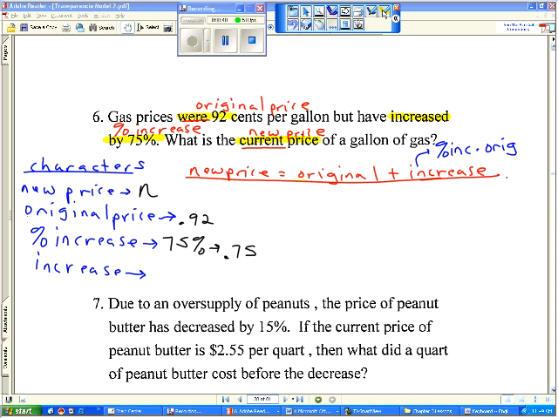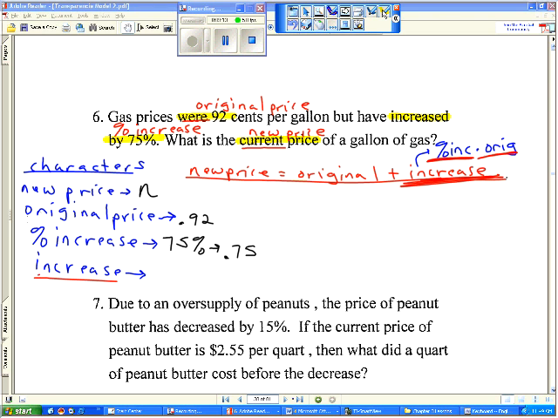The amount of increase, 0.75 times original. Why do we do that? Because increase is equal to percent increase times original. That's a Rule 1 thing, isn't it? Part equal percent times whole. To find that part that represents increase, we take percent times whole.